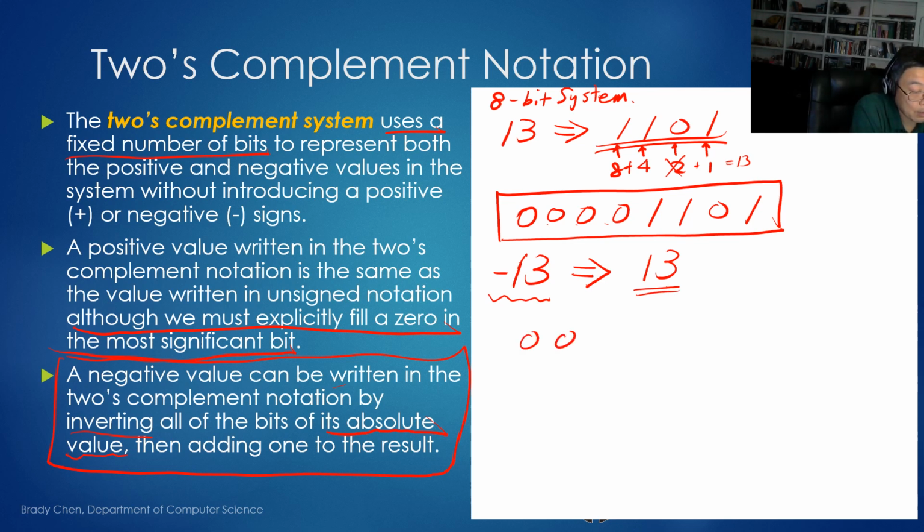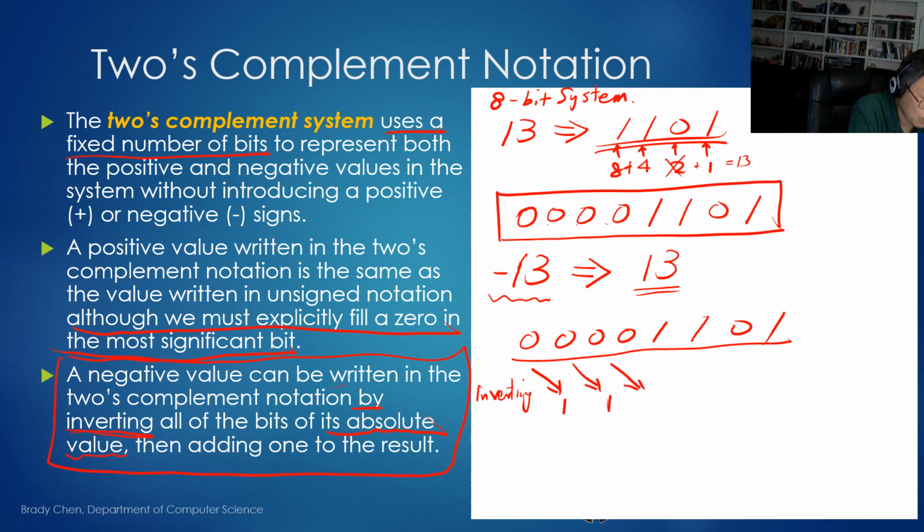So that's 0, 0, 0, 0, 1, 1, 0, 1. Now, the next step is to invert all the bits of its absolute value. So we need to do the inverting. So 0 becomes 1, 0 becomes 1, 0 becomes 1, 0 becomes 1, 1 becomes 0, 1 becomes 0, 0 becomes 1, 1 becomes 0, right?